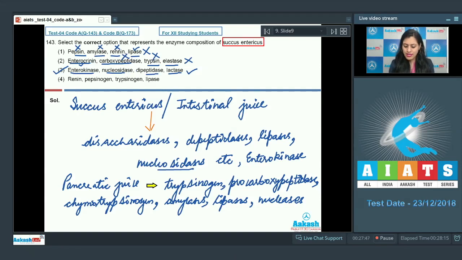Nucleosidase, as you can see here, is an intestinal enzyme. Dipeptidase as well as lactase. Lactase is a disaccharidase. So this is a correct answer to our question. Last option given is renin, pepsinogen, trypsinogen, and lipase. And this is an incorrect option because renin is a hormone, pepsinogen is a gastric enzyme, trypsinogen is a pancreatic enzyme. Lipases could be present in both pancreatic as well as intestinal juice. So the correct answer for this question is option number 3.